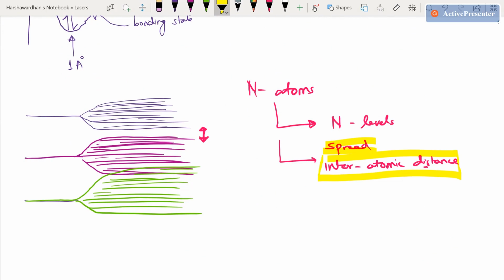And there are a variety of other solids. There are covalent solids, there are ionic solids, there are molecular solids that depend on van der Waals force of attraction. There are metallic solids which have one, two, three electrons in the outermost unfilled configuration.